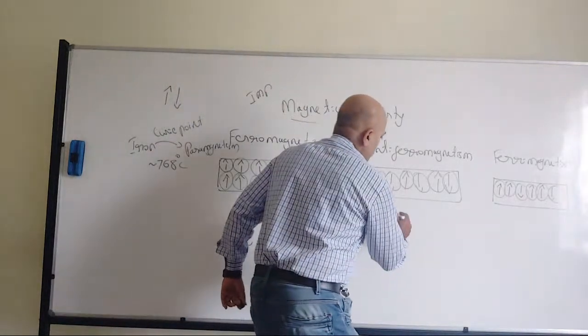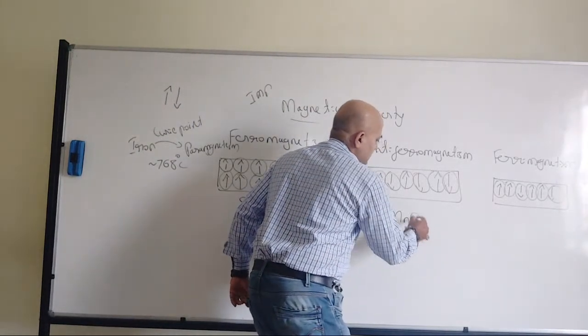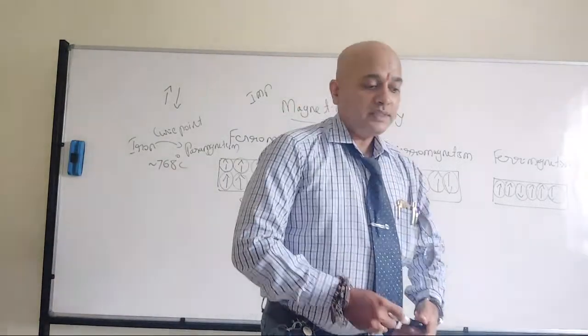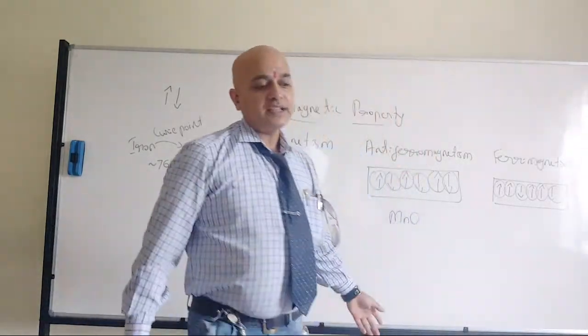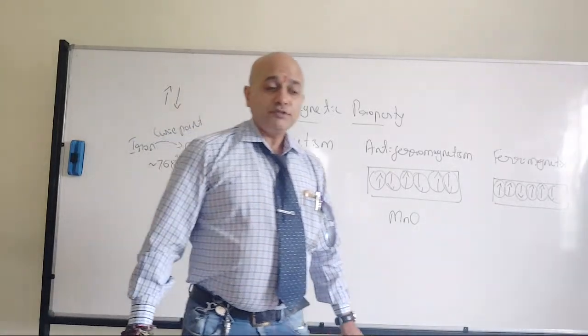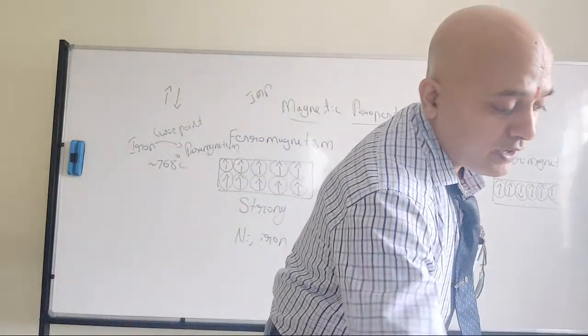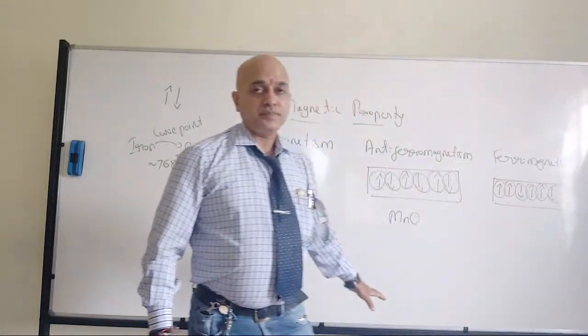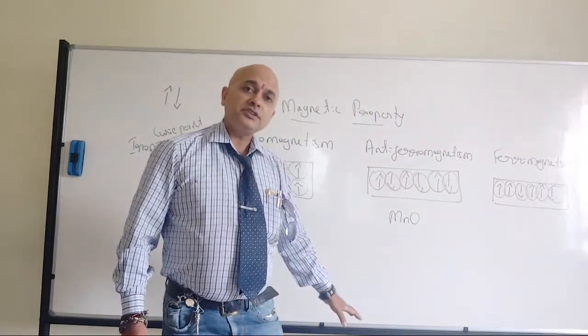Now we have antiferromagnetism, where manganese oxide can be the example, which will show antiferromagnetism. All of you have understood?